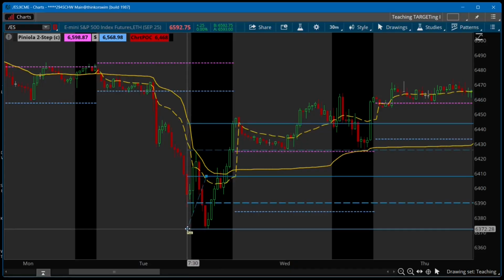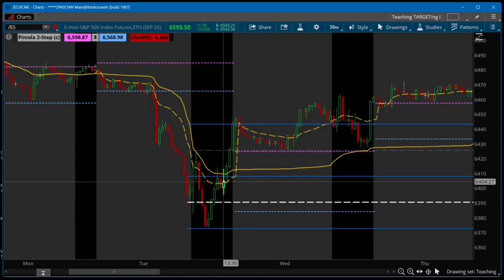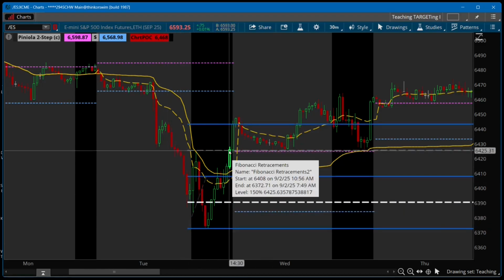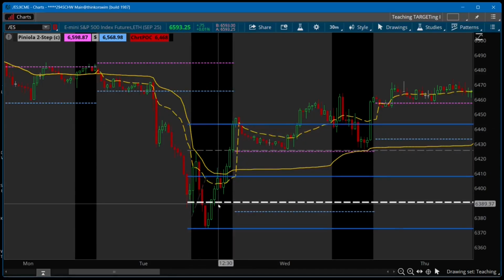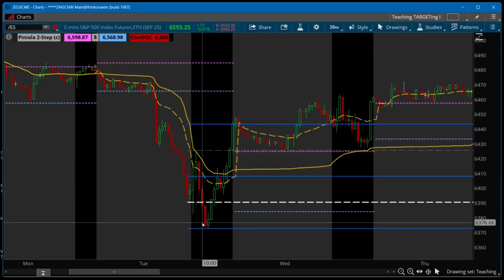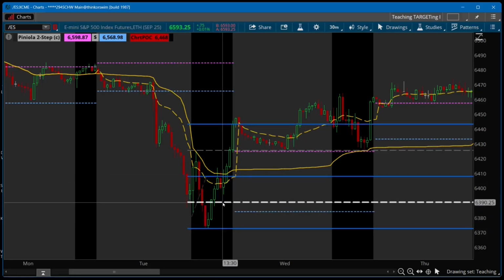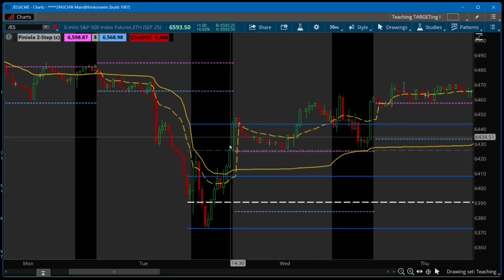Let's get down to right there. Okay. The reason why I like this is because the 1.5 and the 2 line up, and 0.5 almost. But this, if you remember from the first video, the proof of concept, if it does not come back to the 0.5, it's going to the 2.